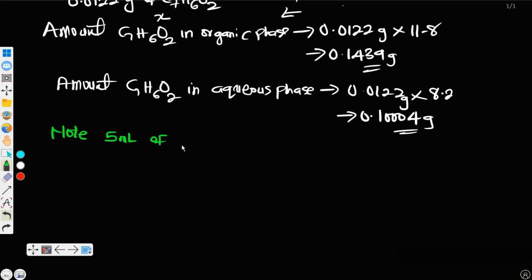Are you getting it? Because I can see that there were some corrections they did there, but of course we are not in that exam, so we can't know. So note, 5 ml of the acid was used in both organic and aqueous phase.